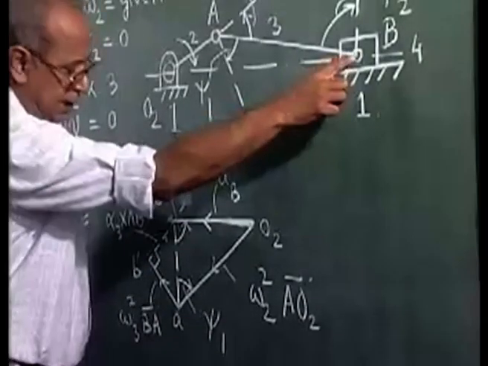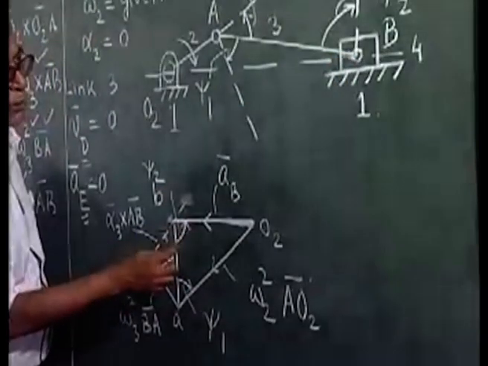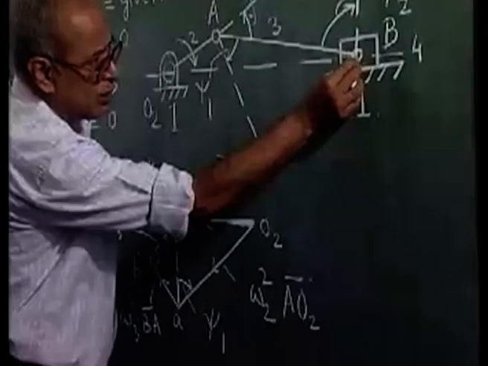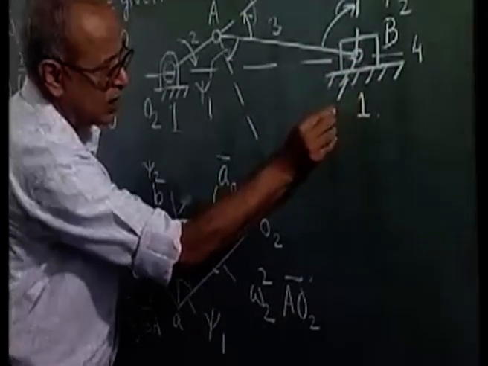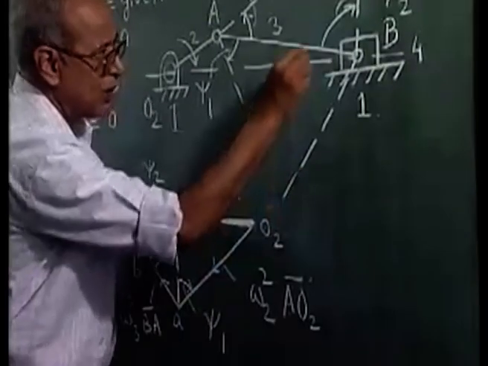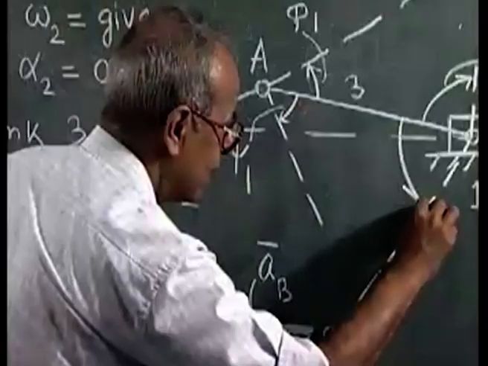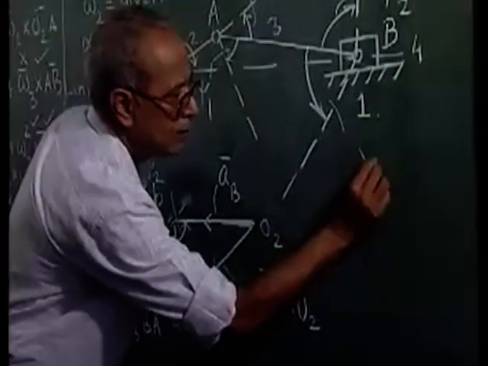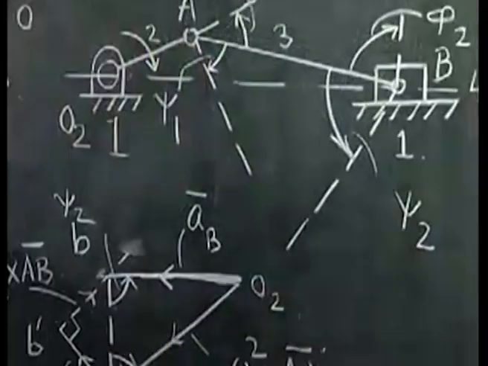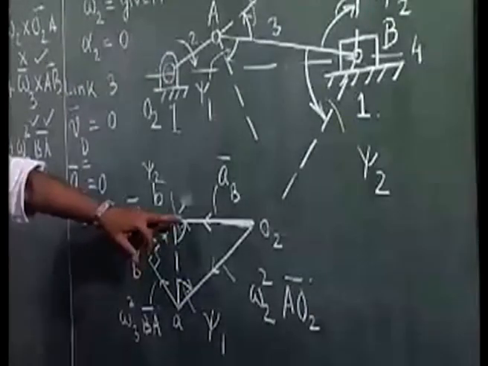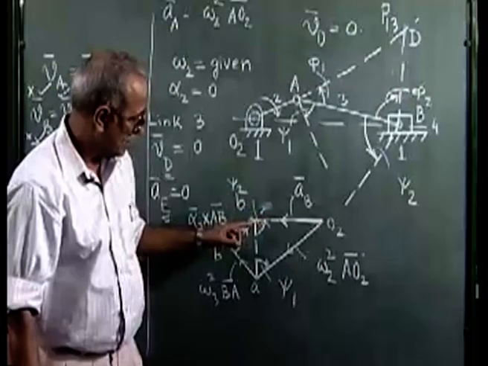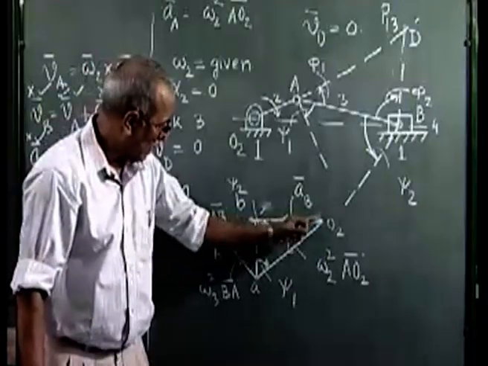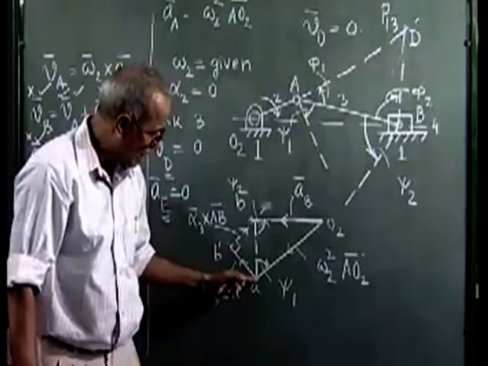Similarly, at B, I draw a line at an angle psi 2. This angle is psi 2. At B, O2 lies on a line which is drawn at an angle psi 2 in the counterclockwise direction to AB.